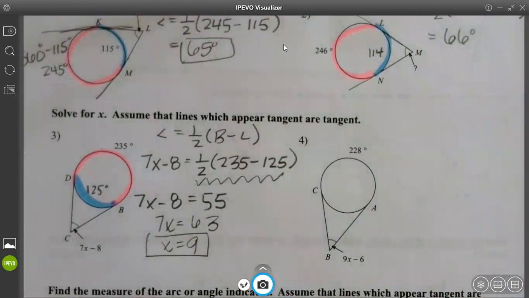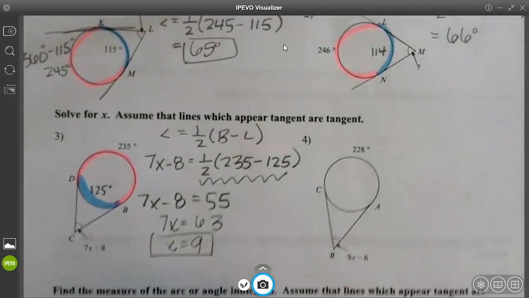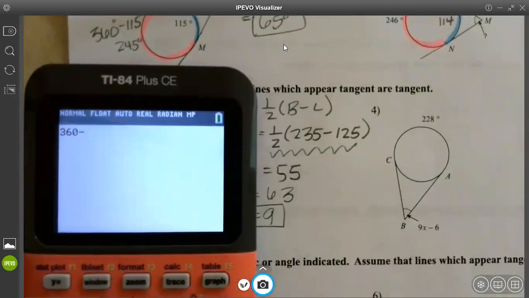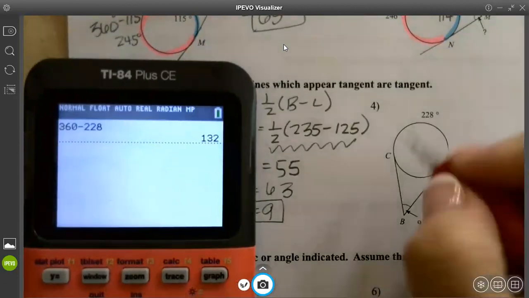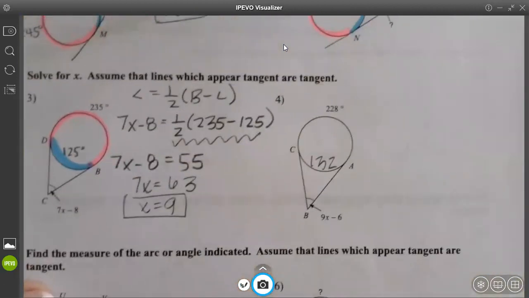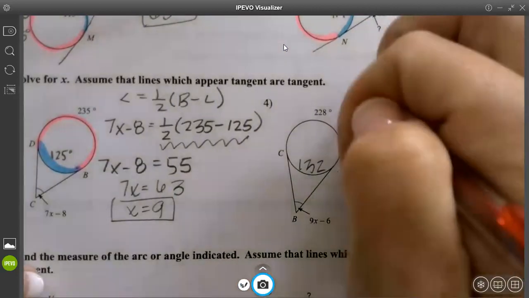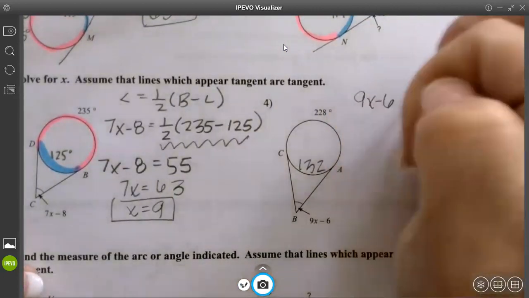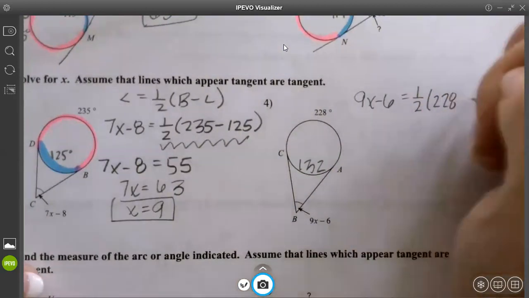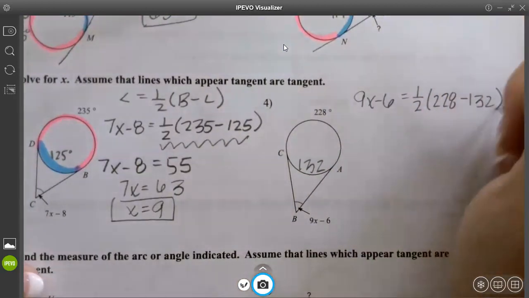The next one is the same exact problem. I need to find this little arc. So I'm going to do 360 minus 228, which gives me 132. Our angle is 9x minus 6 equals half of the big minus the little.